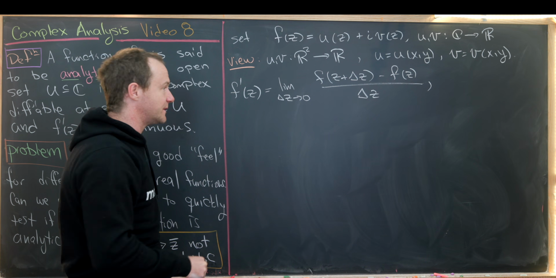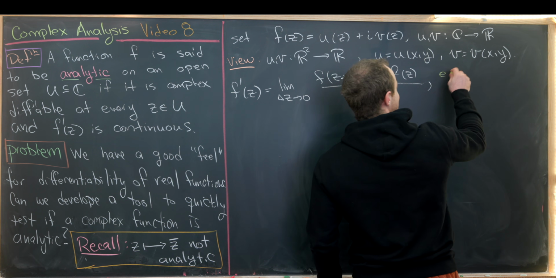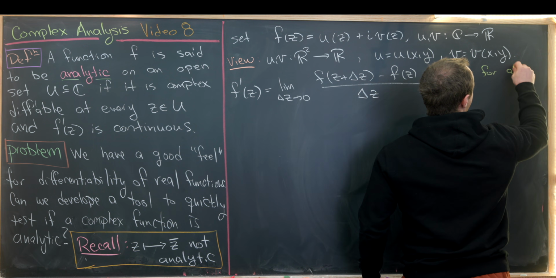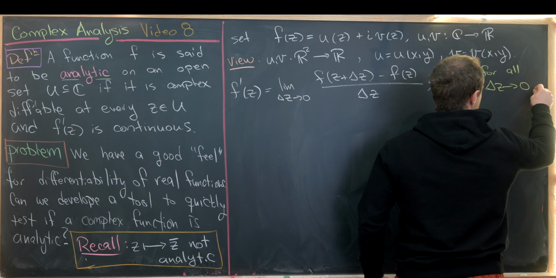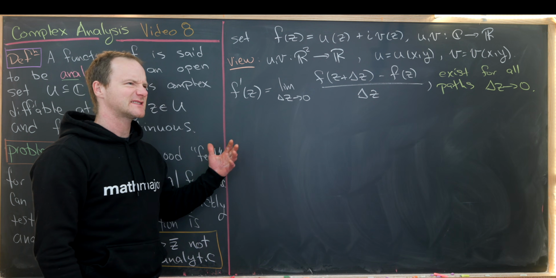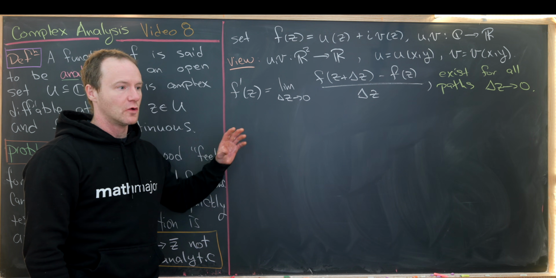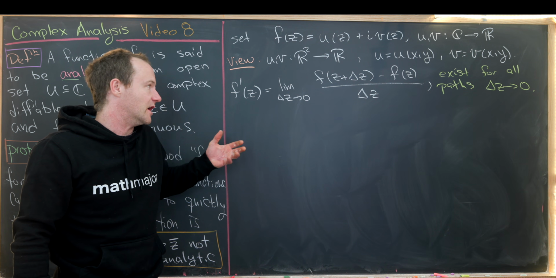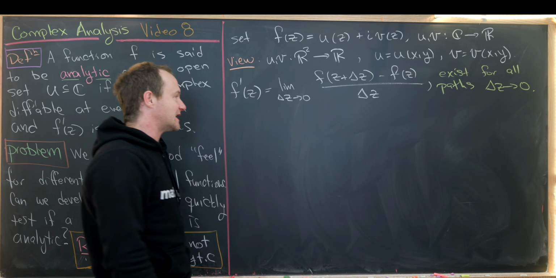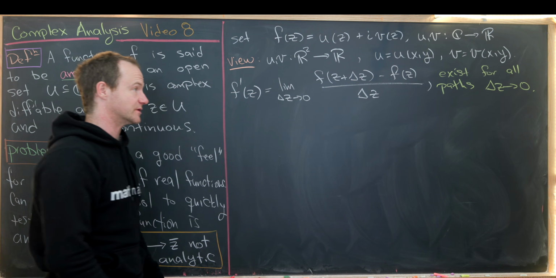Since we're assuming that f is analytic, this limit should exist for all paths that delta z can take towards 0. That's born out of the definition of a limit, where all that's happening is you're within a little neighborhood of 0. So we can look at a couple of different paths as delta z goes to 0.